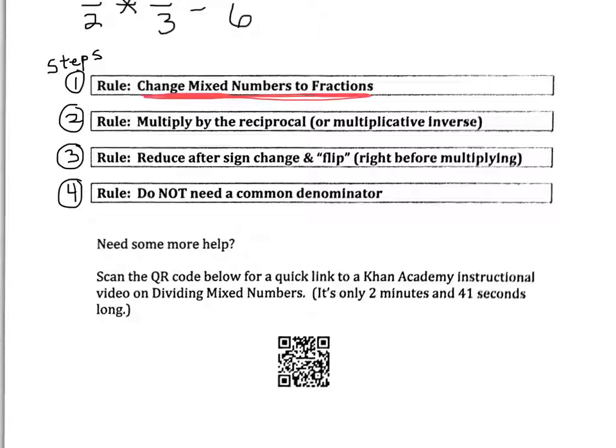Next, the weird rule for division is you change it to multiplication and you flip the second fraction. Reciprocal means flip it. And you always flip the second fraction.